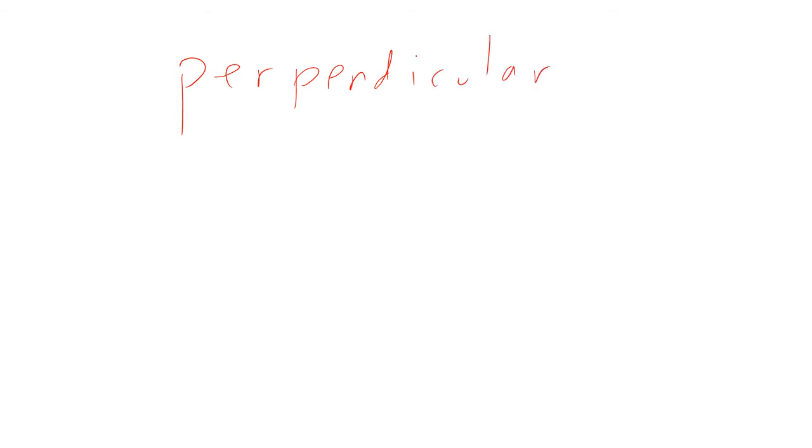So we want to call it something. Well, in math, they have a term for perpendicular. It's perpendicular. But they have another term for perpendicular, because one word meaning this is not quite sufficient, and that is orthogonal. Well, they actually have another word for perpendicular, and that is normal.